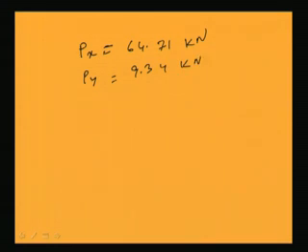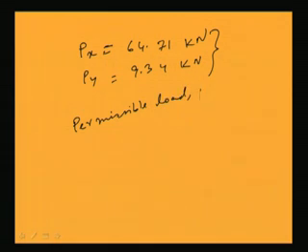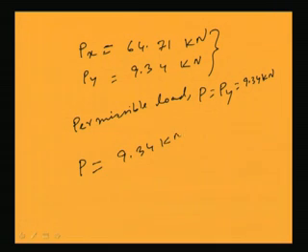Now, the permissible load will be the least of these two. That means the permissible load P will be the lesser value of Px and Py, that is Py, that means 9.34 kilonewton.